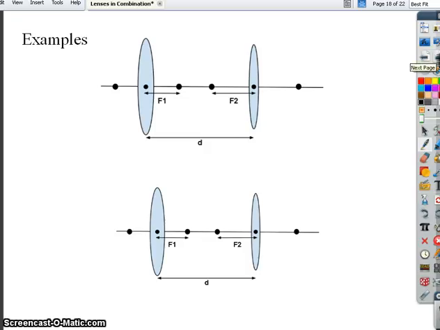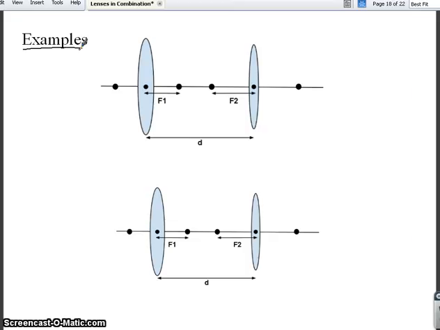Some examples of things that you're going to see that are probably going to confuse you. You are more than likely going to be given the focus for lens 1, the focus for lens 2, and the distance between lens 1 and 2.